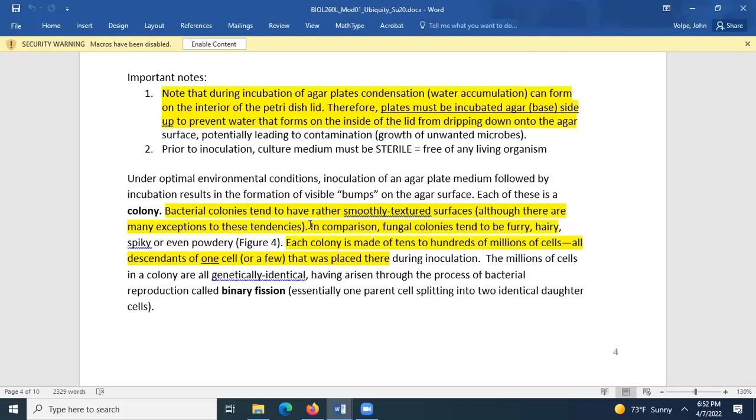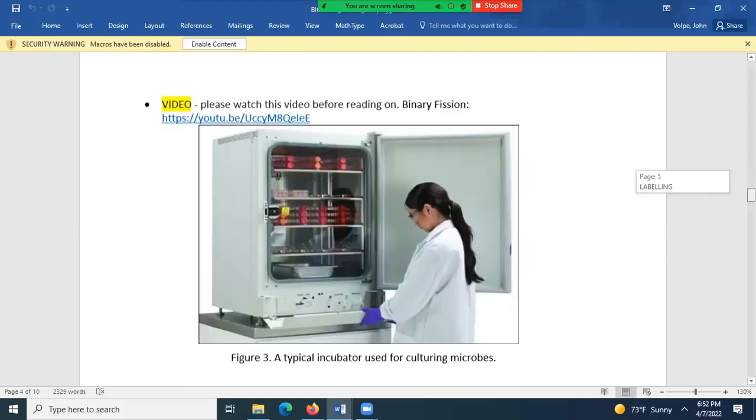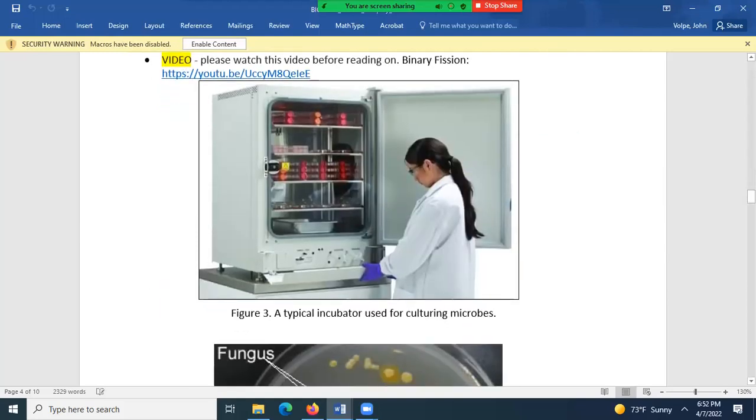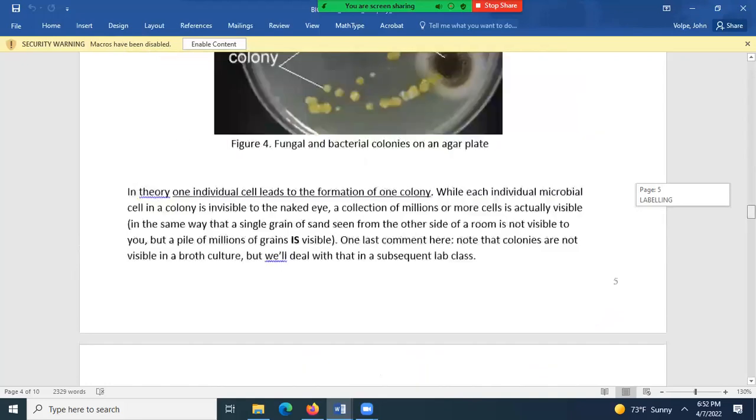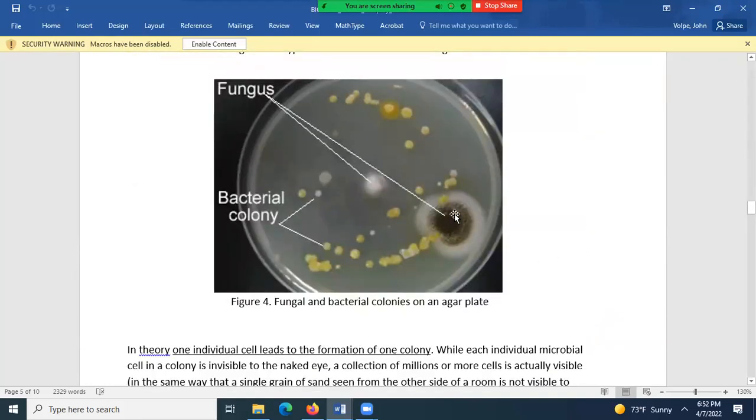So we don't want fungal colonies, but we do want to grow bacteria. And it's good to be able to look at the plate and then determine whether you have fungal colonies, which are contaminants growing, or whether you have bacteria growing. And when you look at the plate, you can usually tell. Like right here, this colony looks fuzzy or hairy, and this one looks fuzzy or hairy right here.